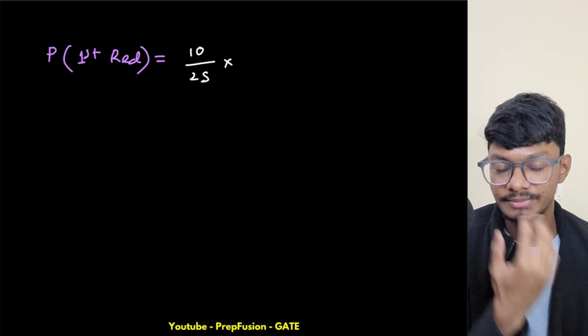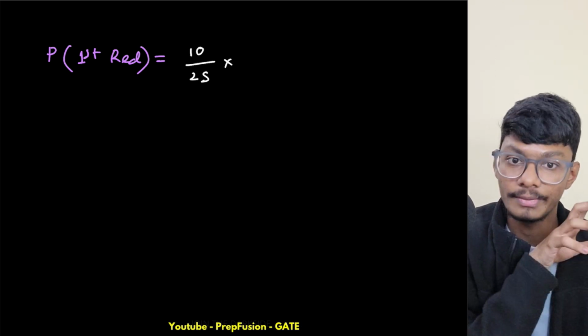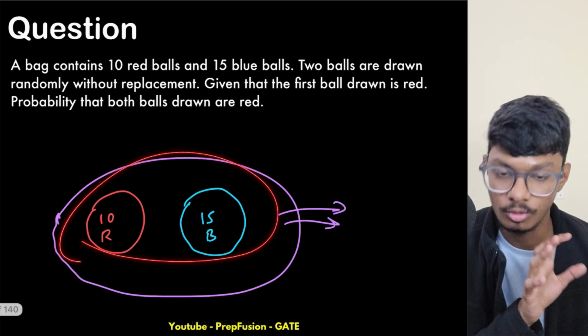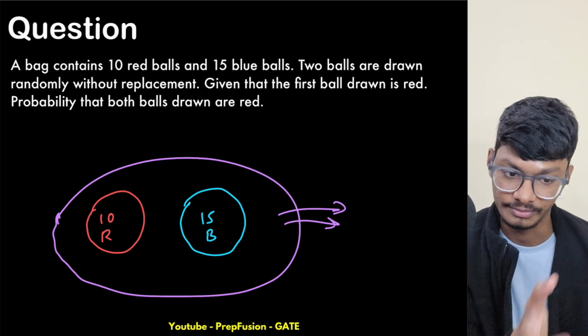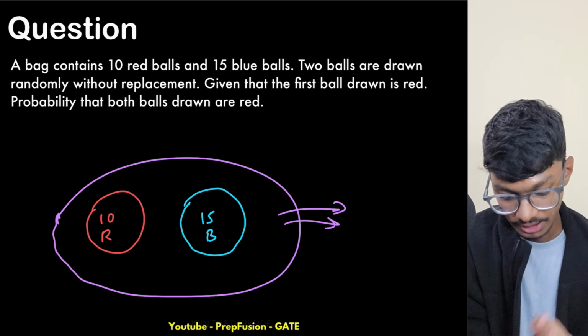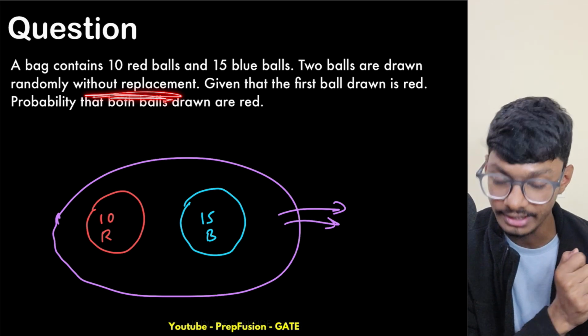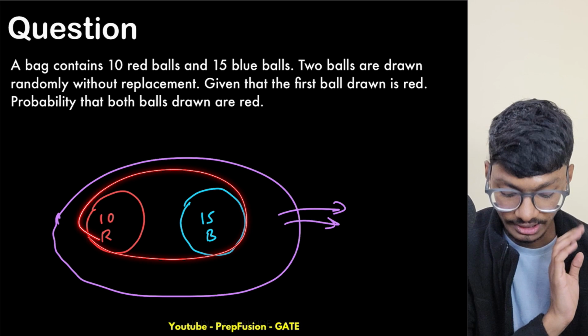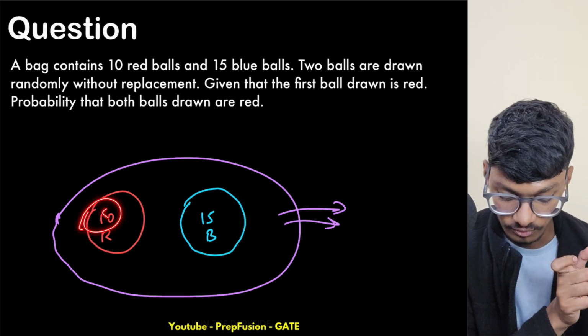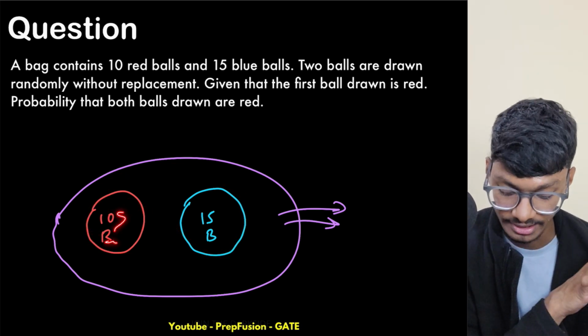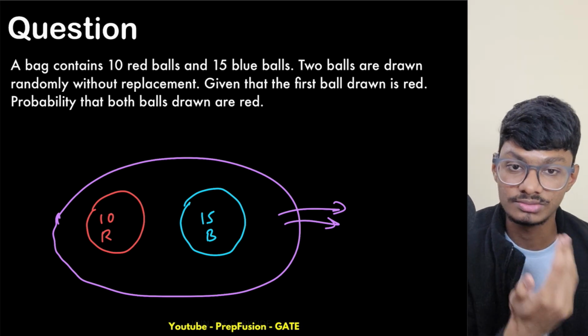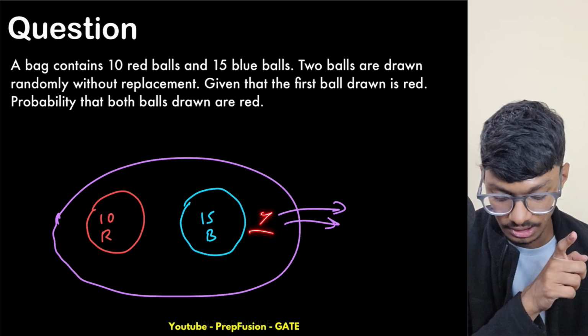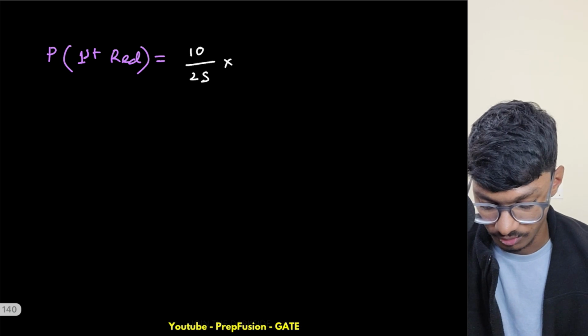First let me take the case of a red ball. Currently how many balls do I have? I have 24 balls only, because one ball is already taken out from that bag, and it is without replacement. We are not replacing that ball, simply that ball is gone. So I have 24 balls, 9 red balls and 15 blue balls. And the probability of getting another red again is 9 by 24.